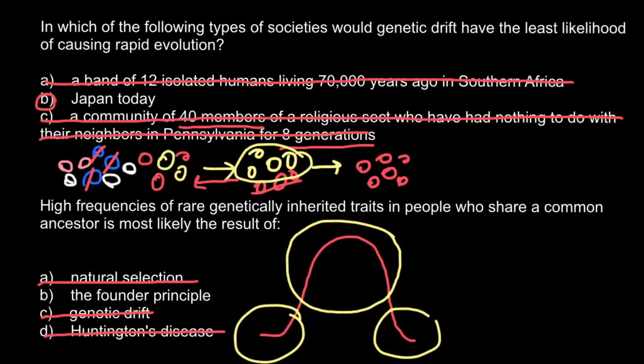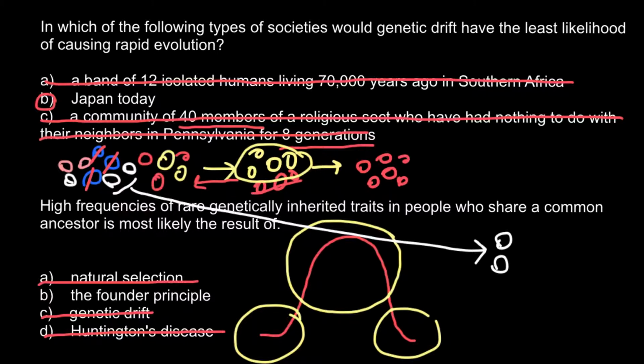And what it is, imagine that initially we have this community, a rather diverse community with diverse gene pool, and now imagine that one couple left and started a new community.